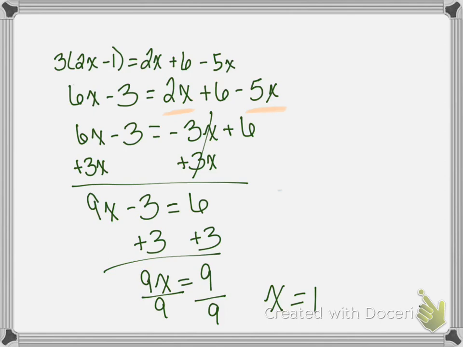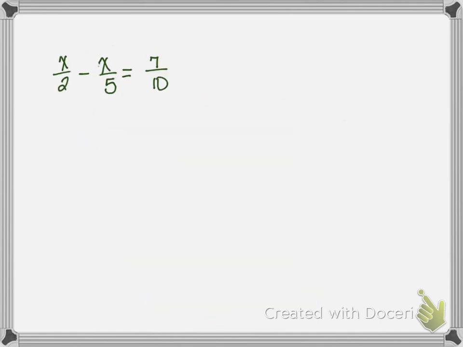The next thing that we're going to do is we're going to solve a linear equation, but it's got fractions. This is a rational equation because it has numbers. You can also have variables in the denominator, but this specific one, we have numbers in the denominator. So what you might think that you need to do first is find equivalent fractions to all of these.